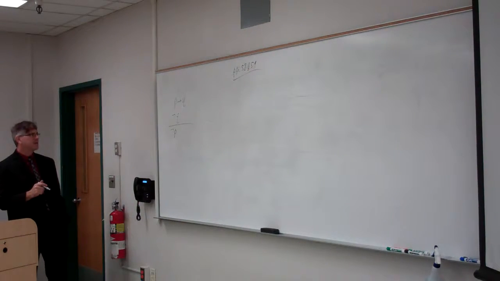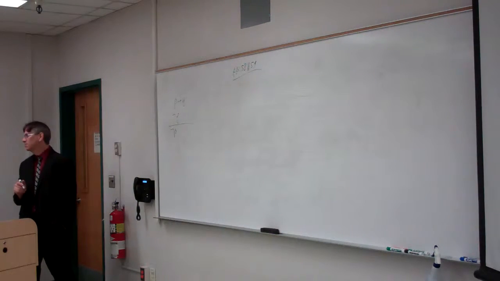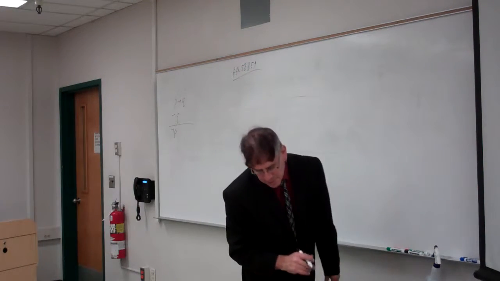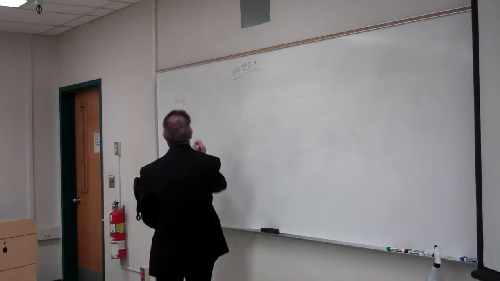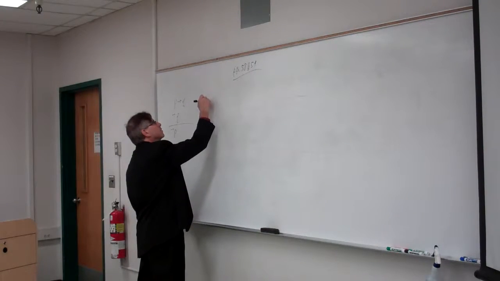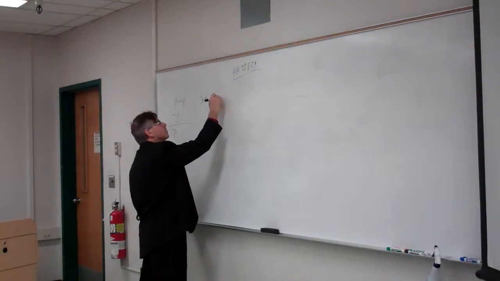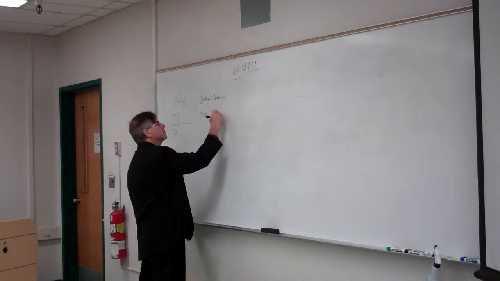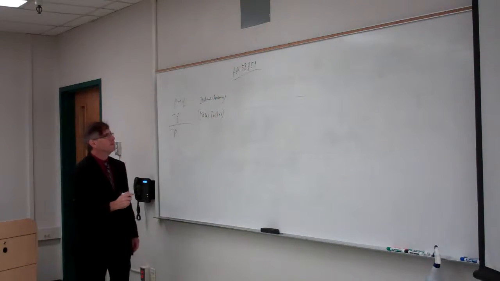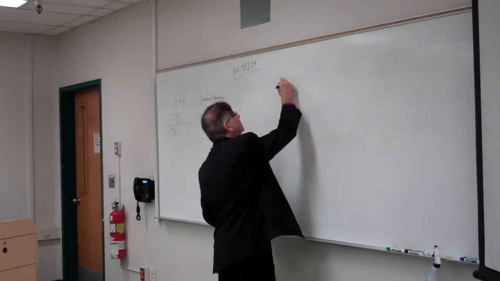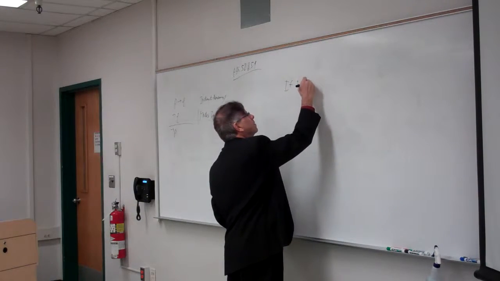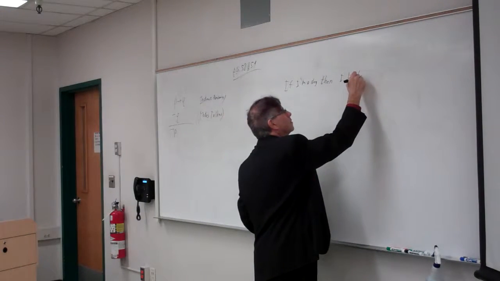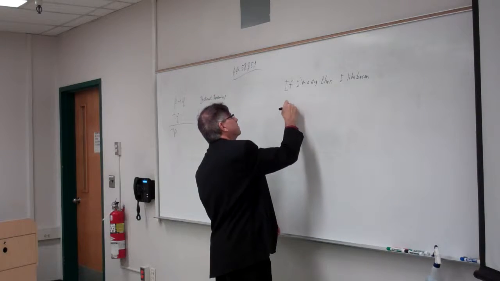P implies Q and not Q, therefore not P. And the book calls this indirect reasoning. Or modus tollens. If I'm a dog, then I like bacon. I don't like bacon.